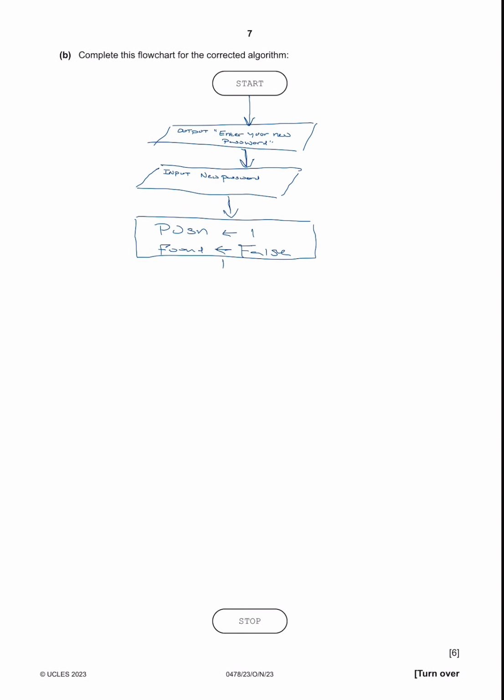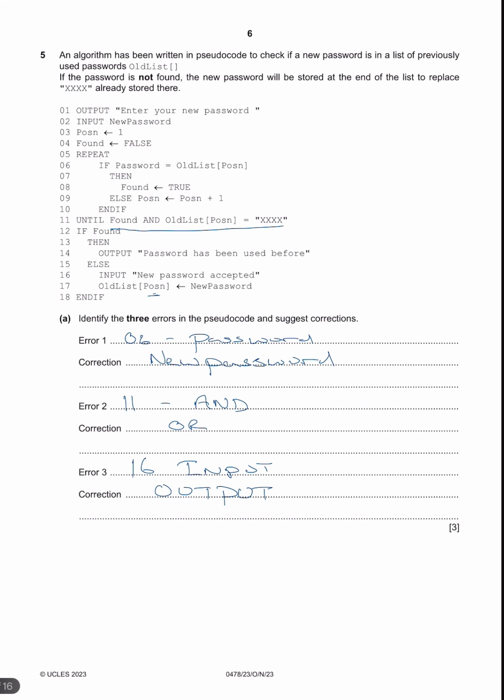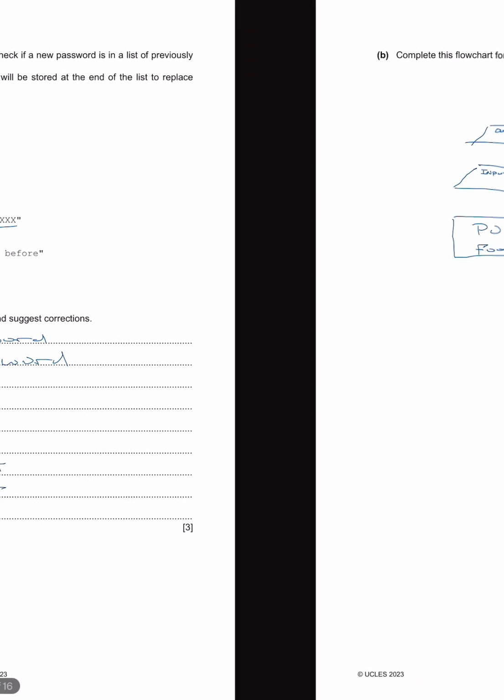We say, is the new password in the list? So that's what we need to check. We need to check if the password is in the list. Then we set found to true. Otherwise, we increment. Okay. So that's what we're checking first.